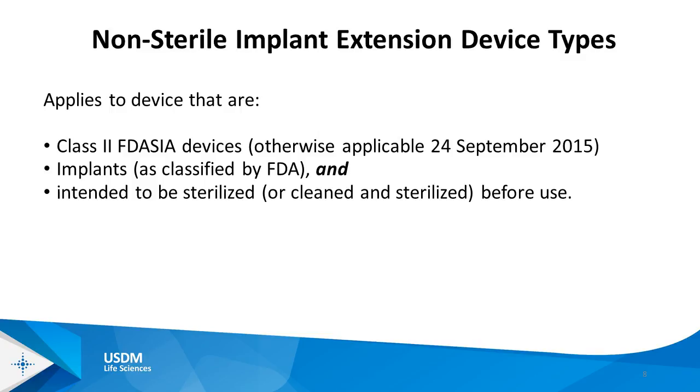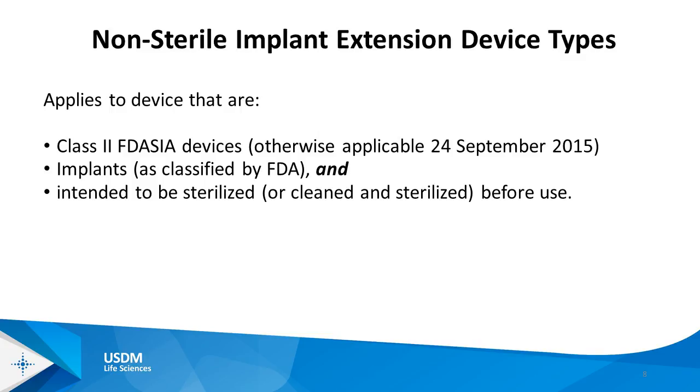These are the 3 criteria that FDA has applied to the types of devices that are applicable to this extension. Again, it's really those Class 2 devices, and there is a list of those by product code in the extension letter as well. They do need to be implants as defined by FDA or as classified by FDA. And again, that pro code list does describe those devices.